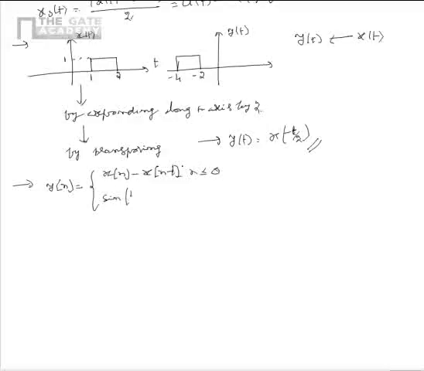Sine of pi by 3n multiplied by x of n minus 3. This is for n greater than 0. We have to find if the system is linear, time invariant, causal, stable, memoryless, and invertible.